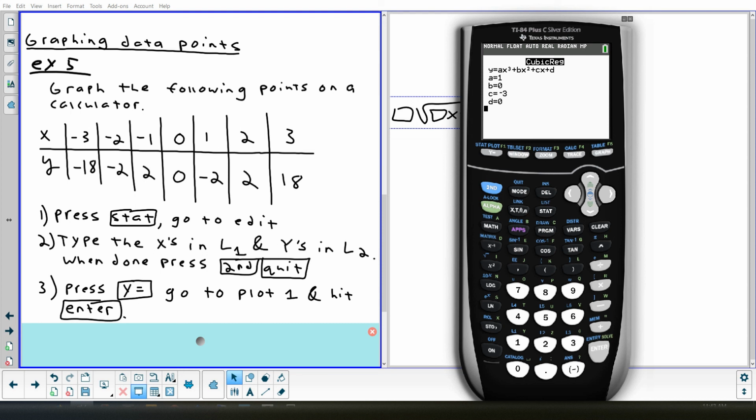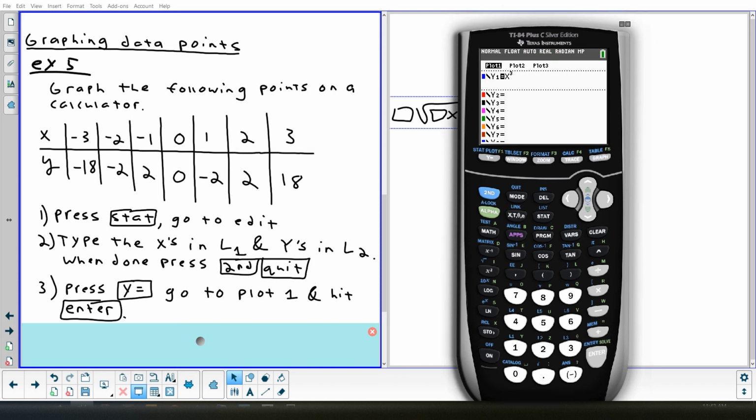Yeah, just watch this part. Okay. If I just plug in these numbers here, it's 1x cubed minus 3x. Okay. Watch this. 1x cubed minus 3x.